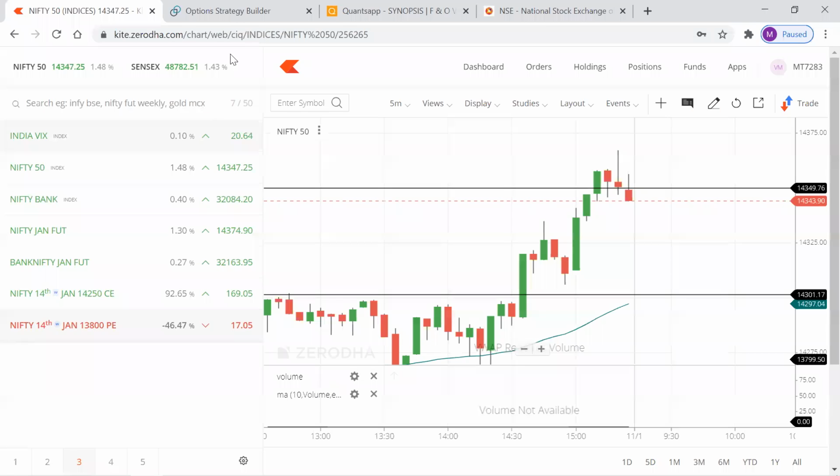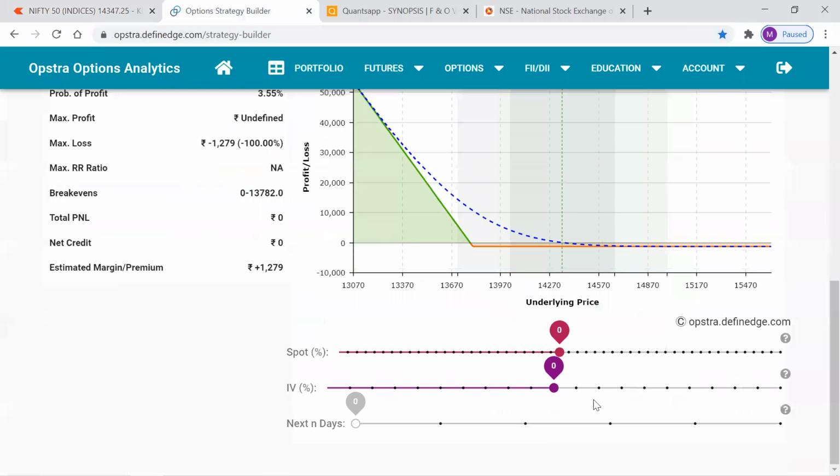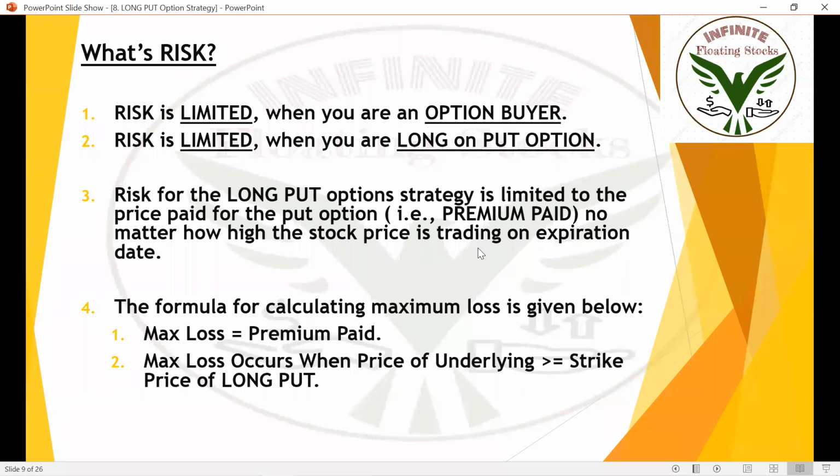Now see, 13,800 is the strike you have chosen. If Nifty is at 14,445, that means that is greater than the strike which you have chosen. So you'll be in loss if market is going above the strike which you have chosen to buy put.